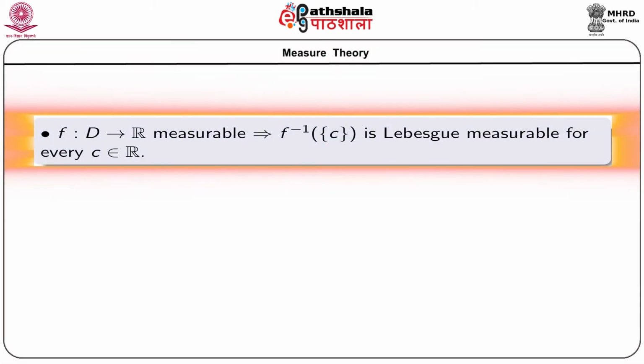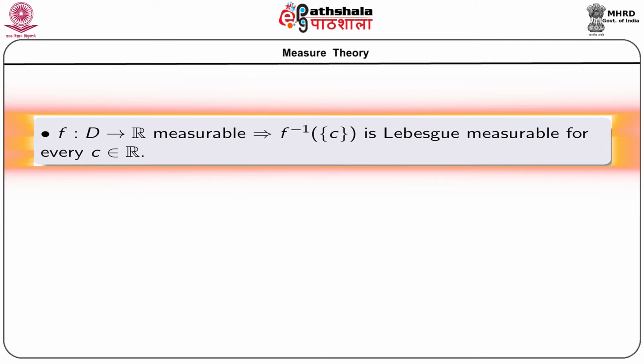We will now again go back to the definition of a measurable function. Recall that the function f on D is measurable if and only if one of 4 conditions hold, which are that the collection of all x belonging to D where f(x) is greater than c, or f(x) is less than c, or f(x) is greater or equal to c, or f(x) is less or equal to c, these sets are measurable.